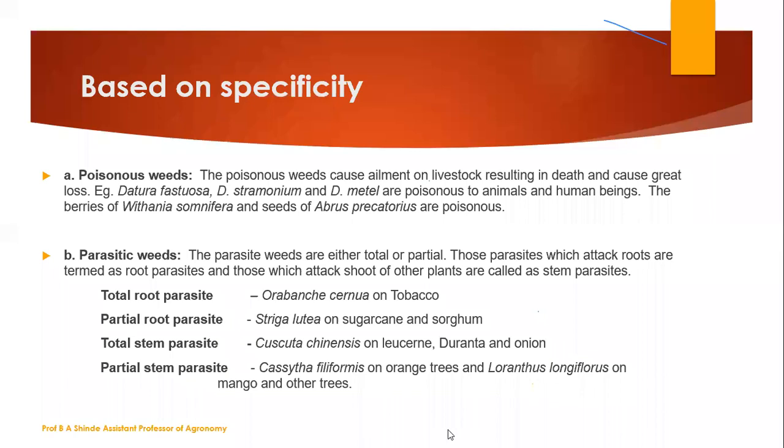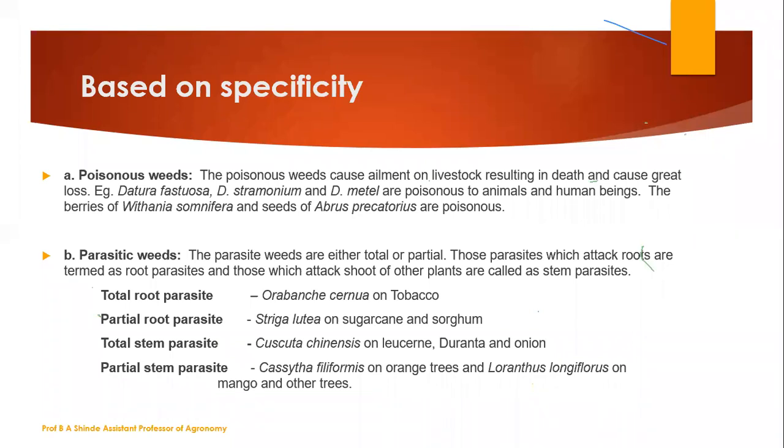Then the parasitic weeds are there. The parasitic weeds are either total or partial parasites. You know about total and partial parasites. The total is the complete parasite, such weeds totally depending upon other plants, and the partial ones are the semi-parasites.